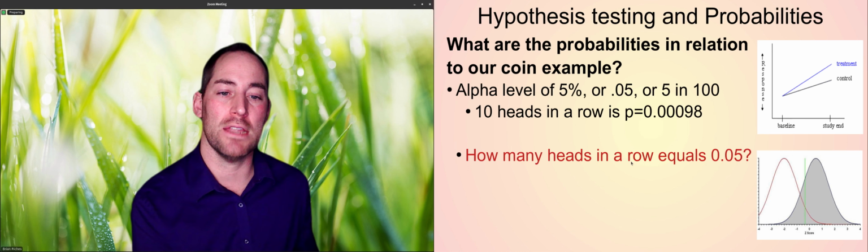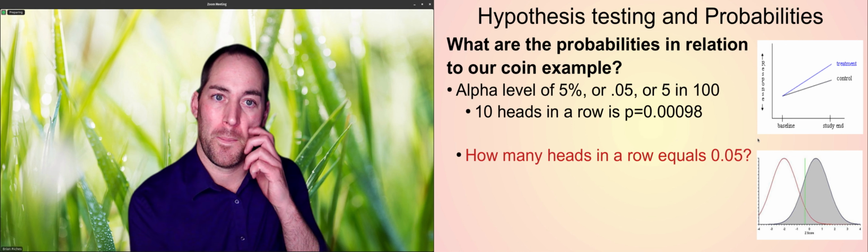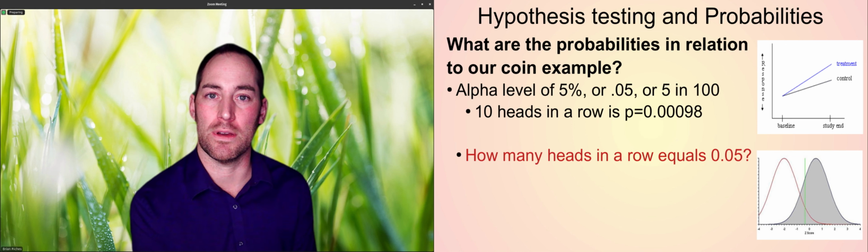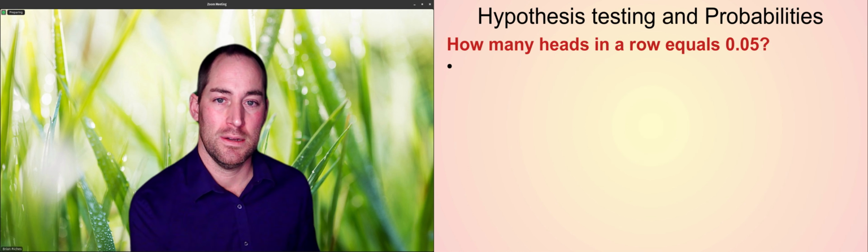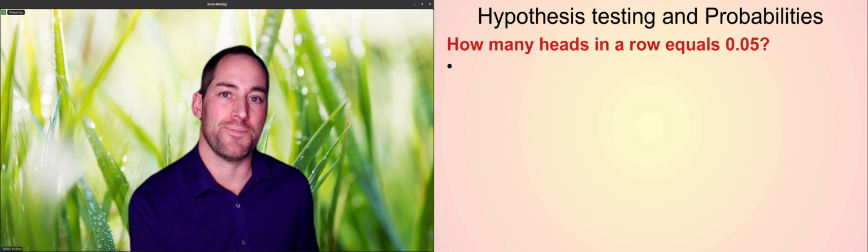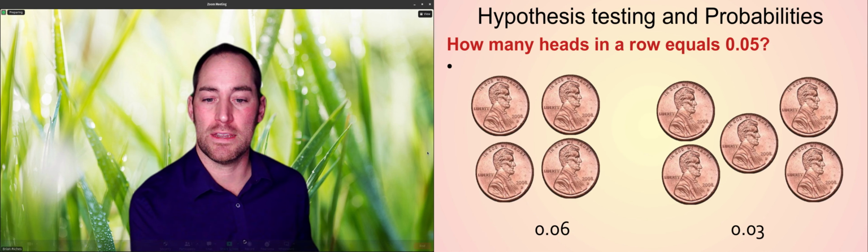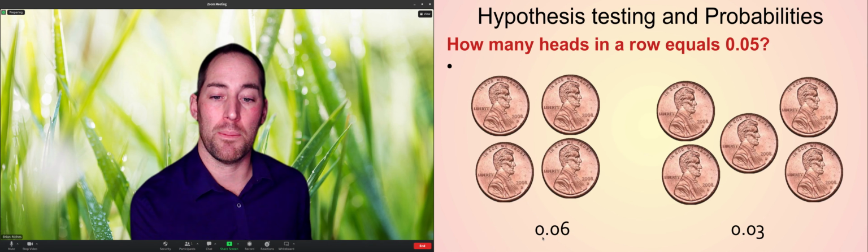So how many heads in a row equals 0.05? Take a guess. Or if you're really good at math, or have a calculator and are really good at math, you could calculate it out. So what do you think? So 4 heads in a row is a 0.06% chance. 5 heads in a row is a 0.03% chance.